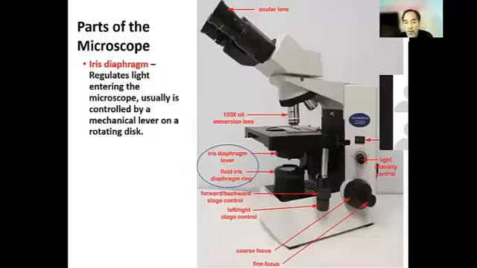There are other parts located underneath the stage: the diaphragm lever and the diaphragm ring. Generally, their purpose is to regulate the amount of light entering the microscope. You can adjust the amount of light, spread it wide, or focus it on one area. That is the iris diaphragm.